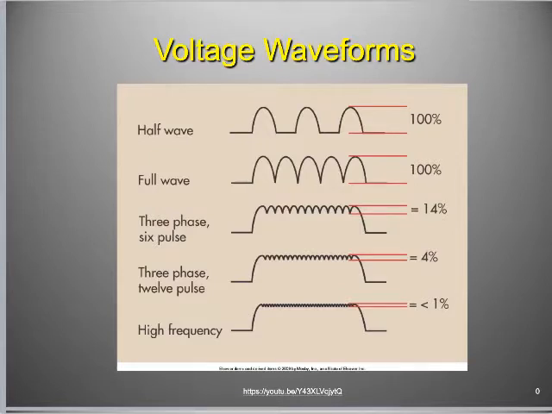Now we have 120 pulses per second, but we still have 100% ripple. 3-phase 6 pulse, because of phasing now, we've got 360 pulses per second, 14% ripple. Once we get to 3-phase 12 pulse, we've got like 720 pulses per second and 4% ripple. It means we've got more power, right? Each time we're doing this, we're increasing the amount of power.